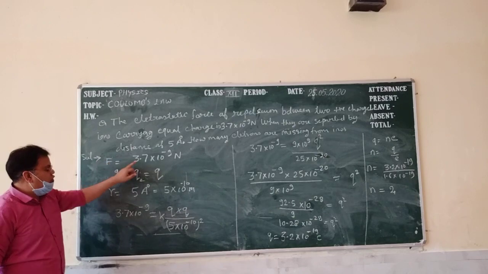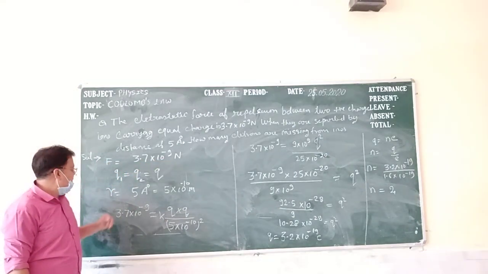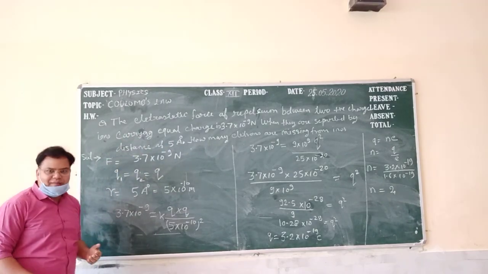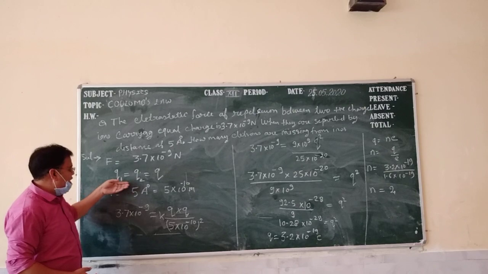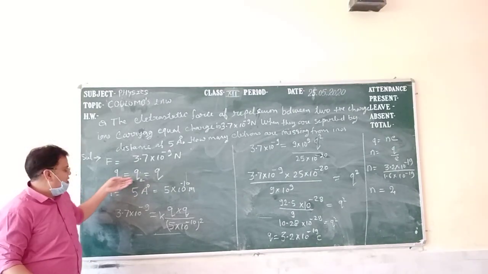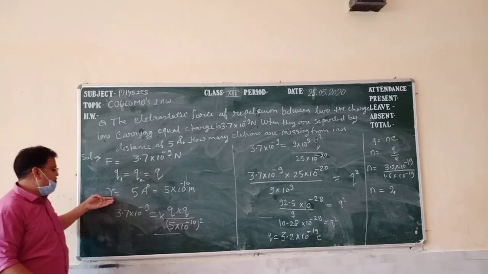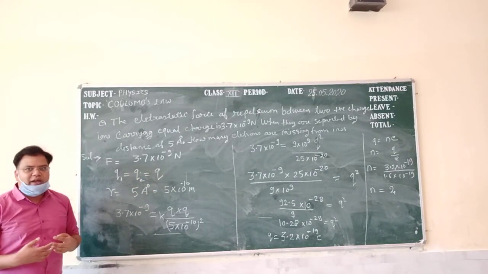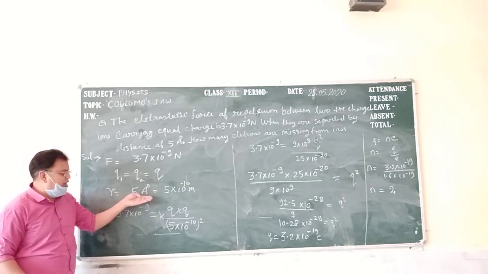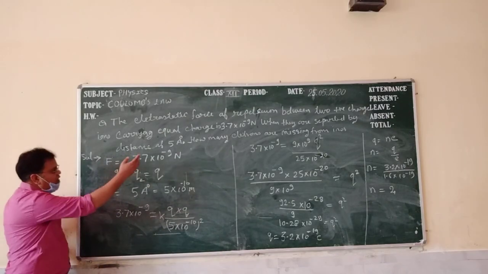Here F equals 3.7 into 10 to the power minus 9 Newton. Both the charges are the same and positive, that's why it is a force of repulsion. Q1 and Q2 are the same, so we write Q1 equals Q2 equals Q, and the distance between them is 5 angstrom. You must convert it into meters. So 5 angstrom means 5 into 10 to the power minus 10 meter.